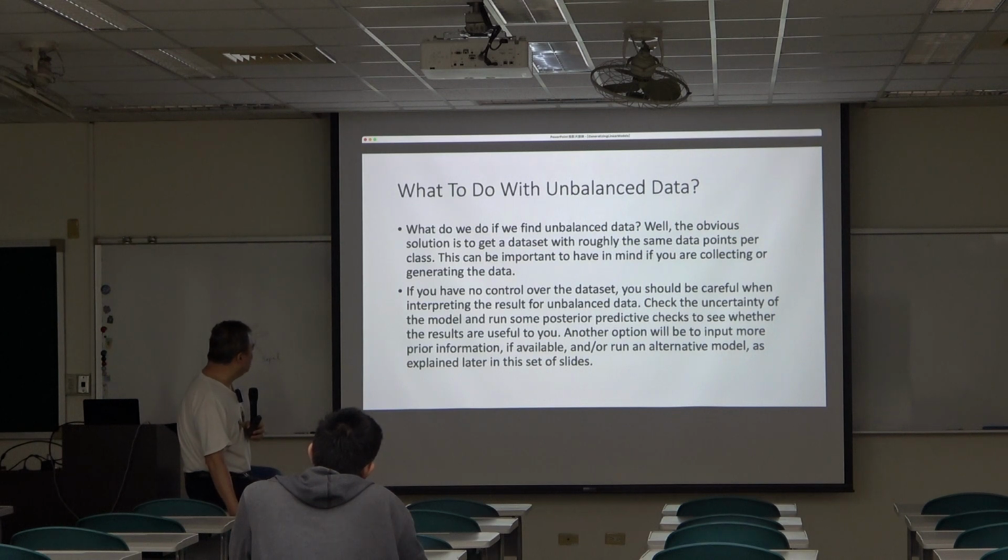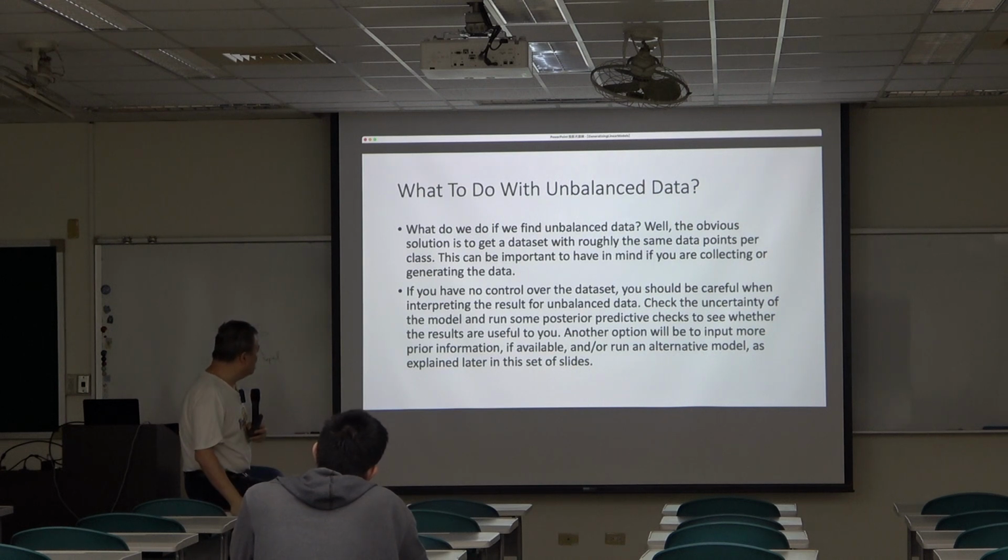But if you have no control over the data set, like a lot of the time you get the data set from somewhere else, so it's really not controlled by you, you should be careful when interpreting the result for unbalanced data. Remember, if it's unbalanced, that boundary will look closer to the minority class.